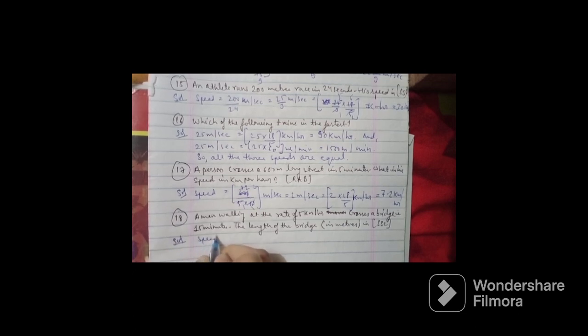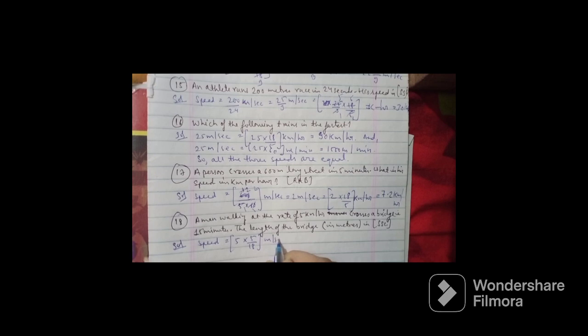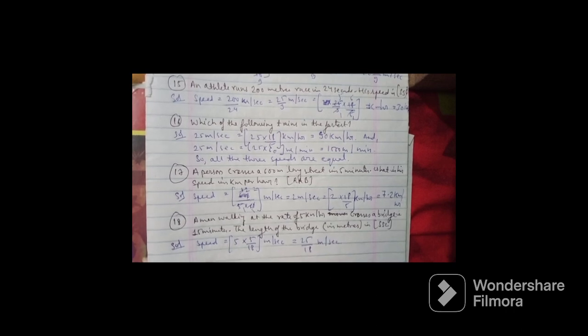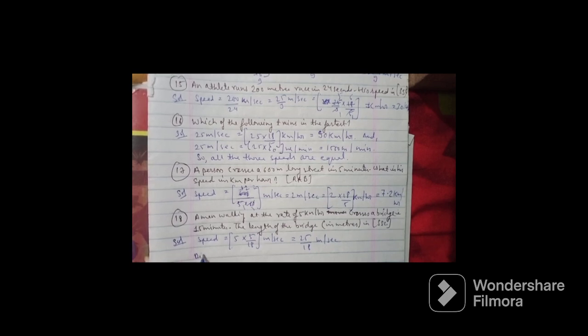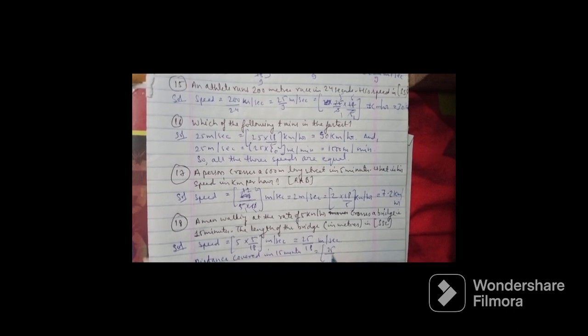Speed equals 5 into 5 by 18 meter per second. It equals 25 by 18 meter per second. Distance covered in 15 minutes equals 25 by 18 into 15 into 60.